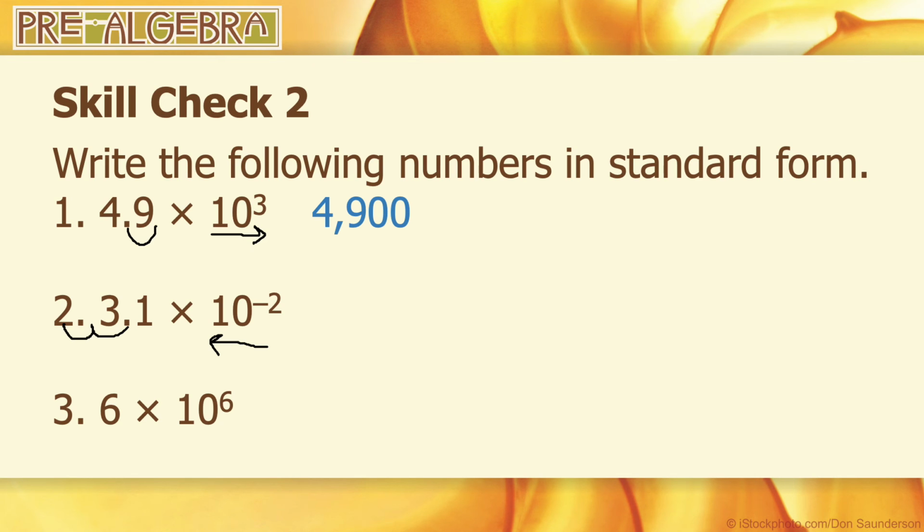So I should have 1 zero before the 3 and right after that decimal point. Positive exponent means I'm going to the right. And since the decimal point technically is right here, it looks like this one will be 6 zeros. And there's your 6 zeros.